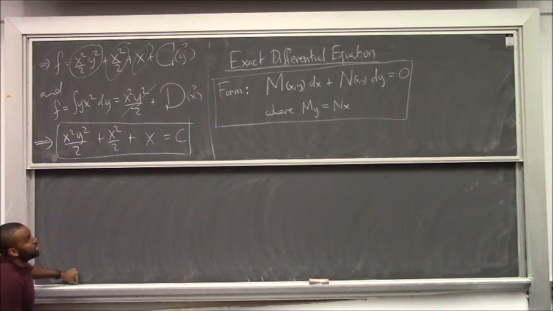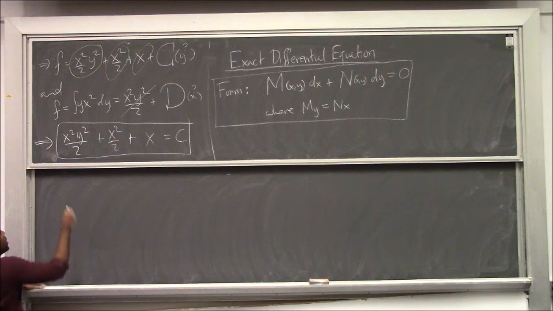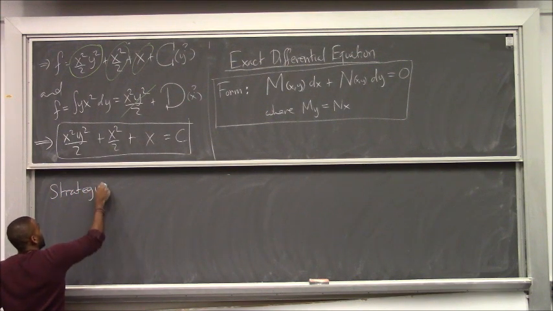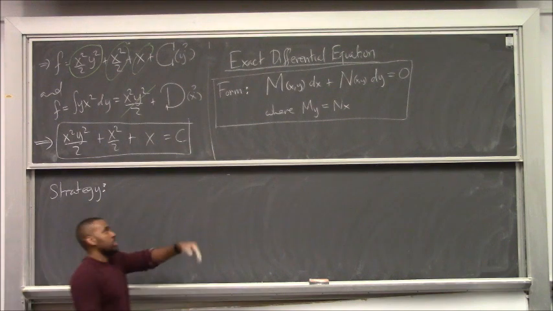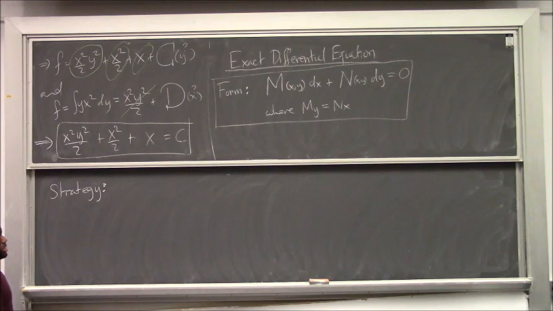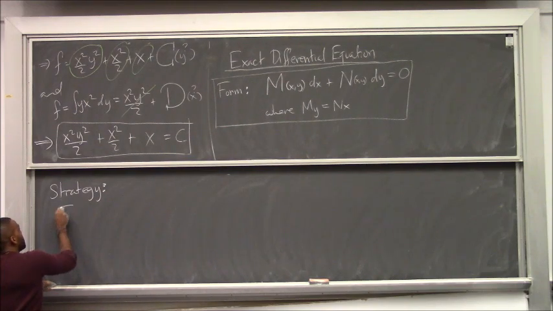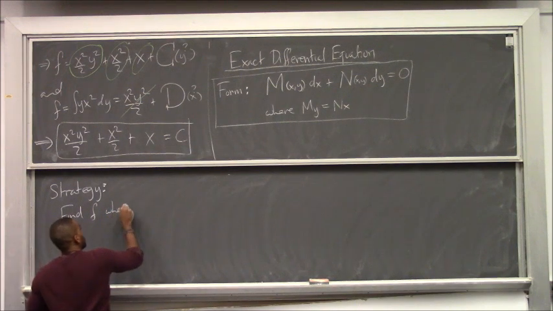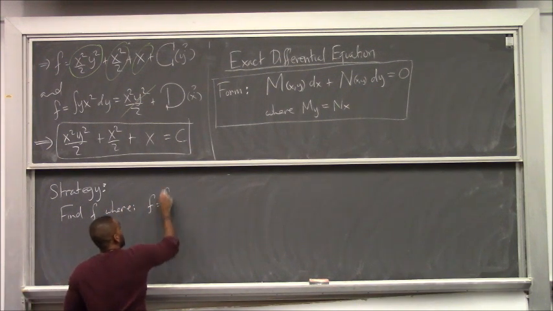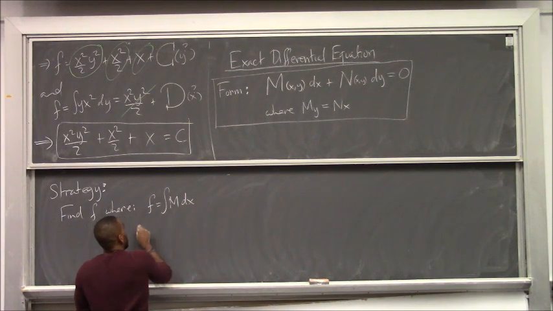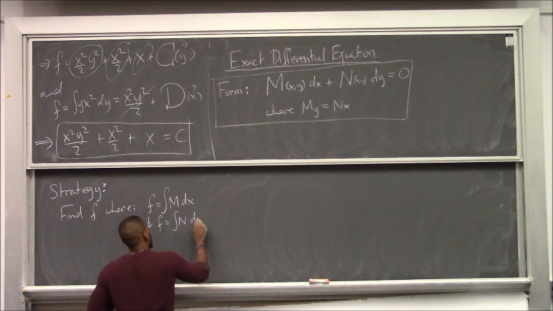Exactly. Okay. Now, what is the strategy when you realize that this happens? So you need to know the form, and you need to know how to actually solve it. And the strategy is pretty simple. Find f where f equals the integral of M with respect to x, and f equals the integral of N with respect to y.